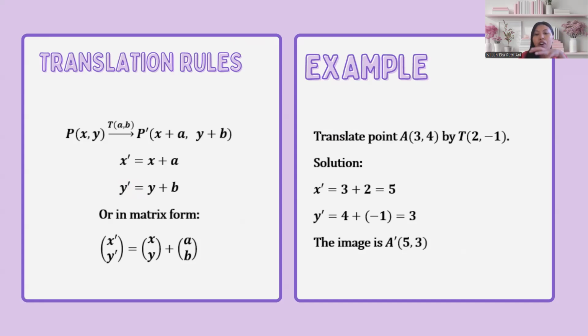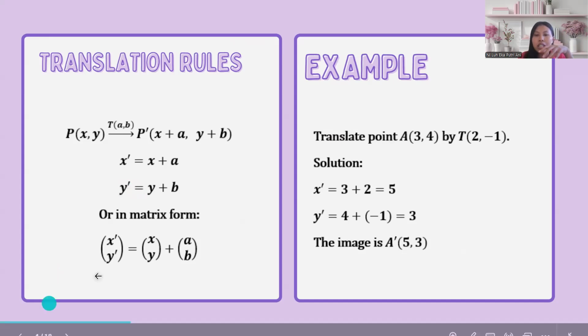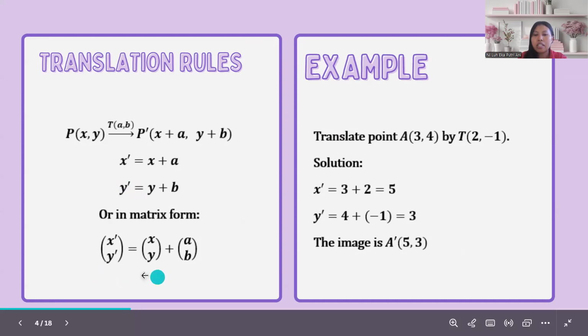Or in matrix form, you can use this: the column of x' and y' is equal to the column of x and y plus the column of a and b.